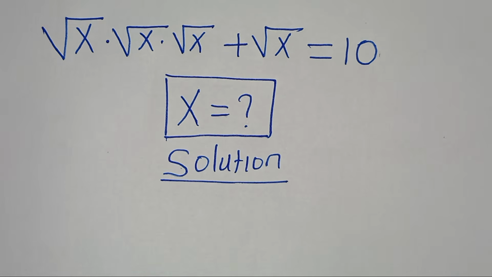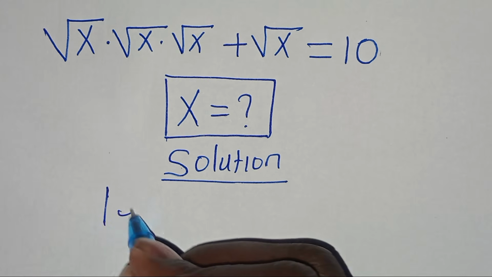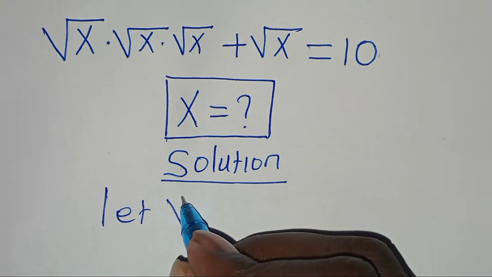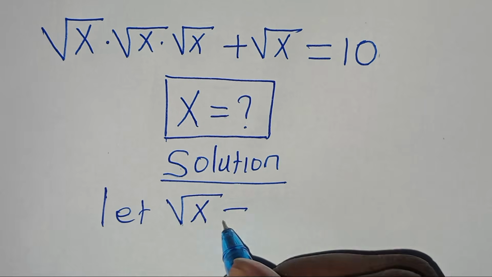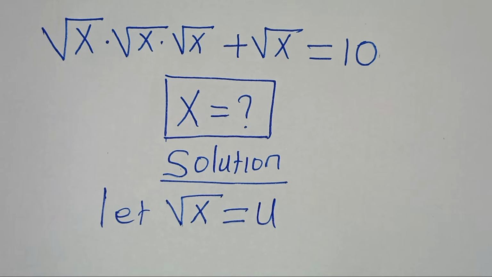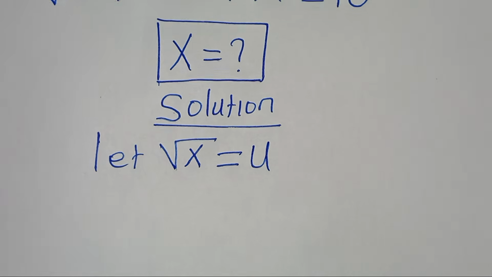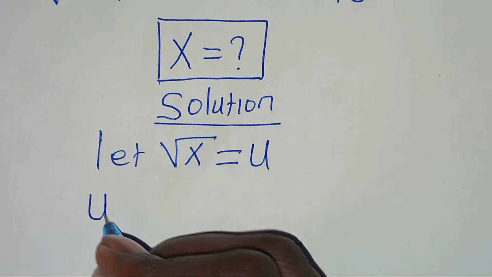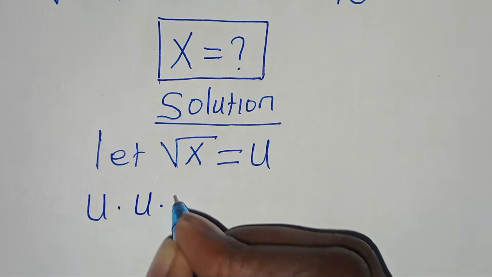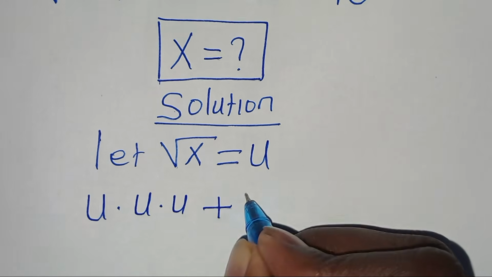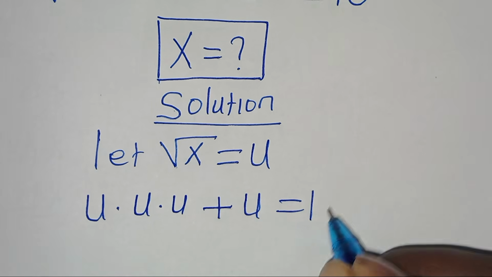Now the first step is that we can let square root of x be equal to u. So let's substitute u where we have the square root of x. So this means that we have u multiplying by u multiplying by u plus u. This is equal to 10.